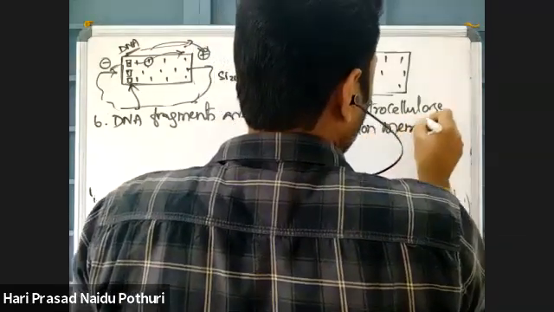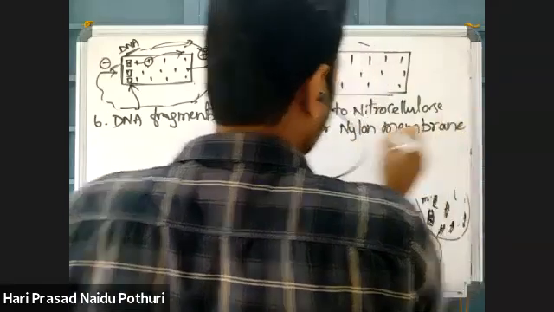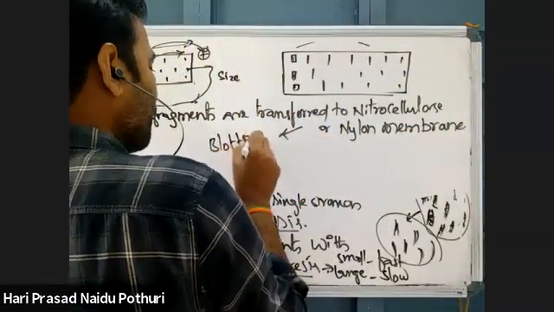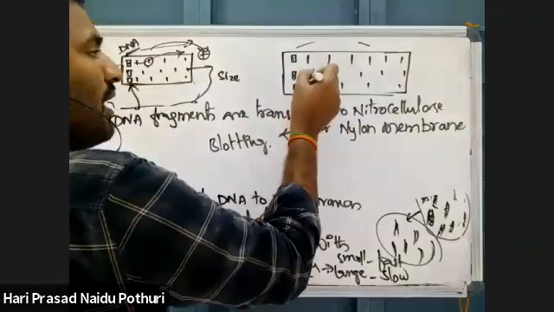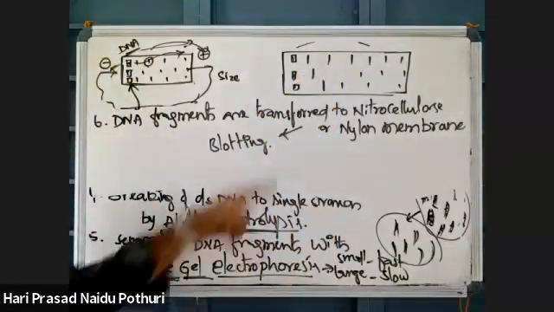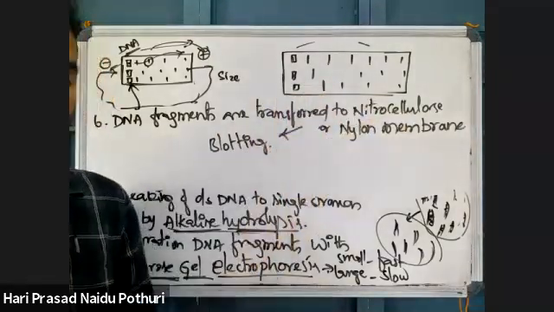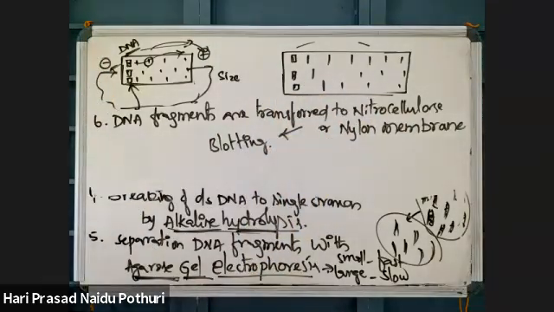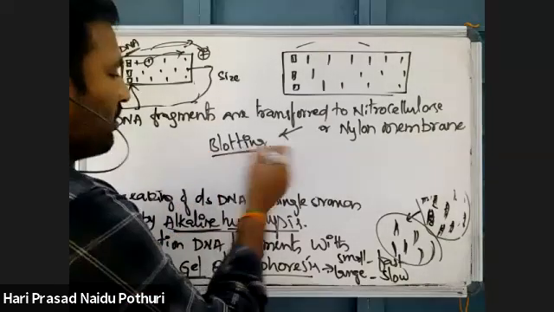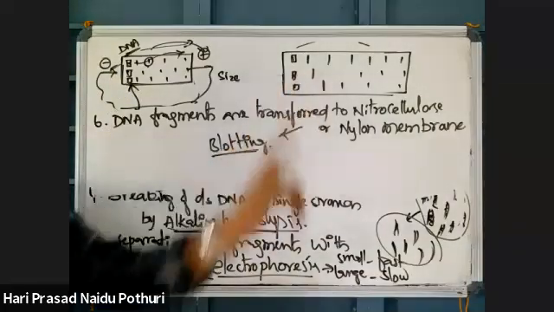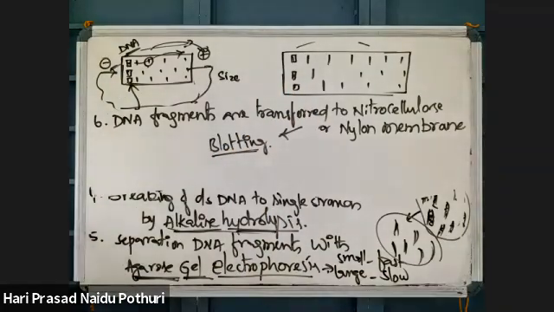Onto a nylon membrane or nitrocellulose filter paper, DNA fragments are transferred from the agarose gel plate. Now the agarose gel plate has this DNA, and now they are transferred onto nitrocellulose filter paper or nylon membrane. That process of transferring the DNA from the agarose gel plate to the nylon membrane is called what? Blotting.